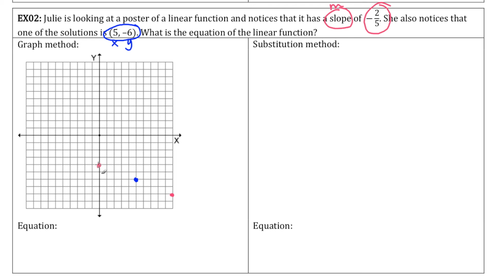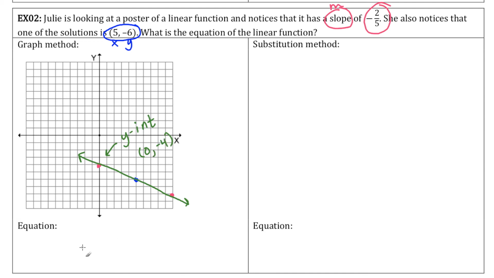Right here. So that's my new y-intercept. So I'm going to attempt to draw this diagonal. Cool. That's my line. This is my y-intercept, which is 0, -4.